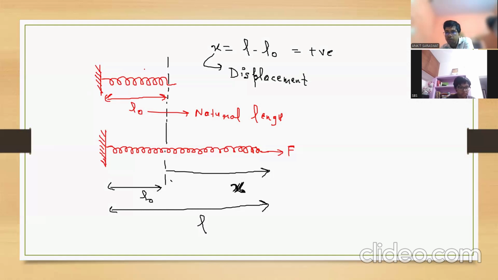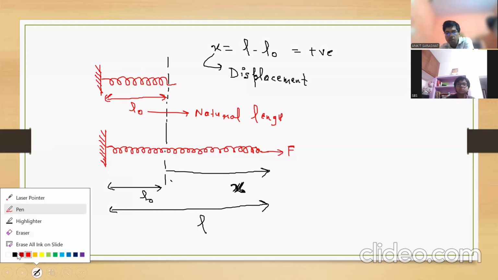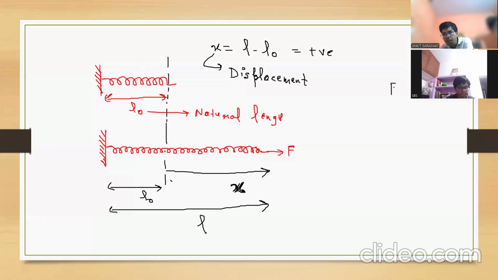No. When the spring is in its natural length, there is no spring force. But here, since x is positive, the spring force will be by the formula F_sp is equal to minus K into x. Then if x is positive, what will be the sign of F_sp? Negative. Negative means in which direction will the spring force be?